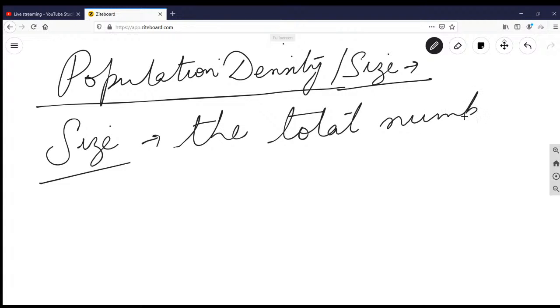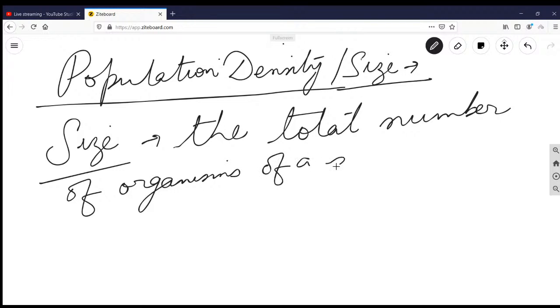of organisms of a specific species present in a specific geographical area.